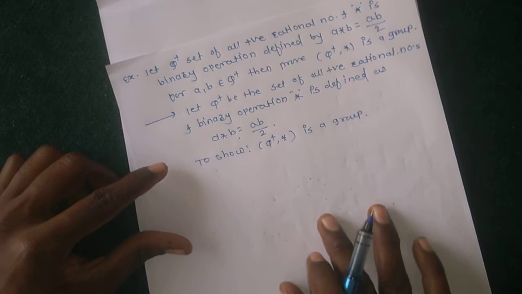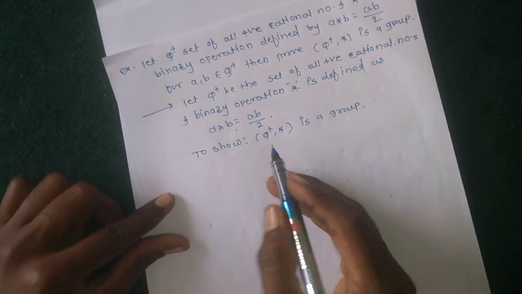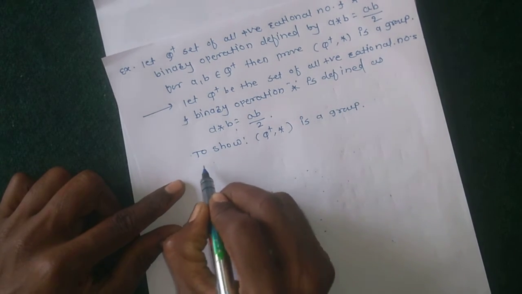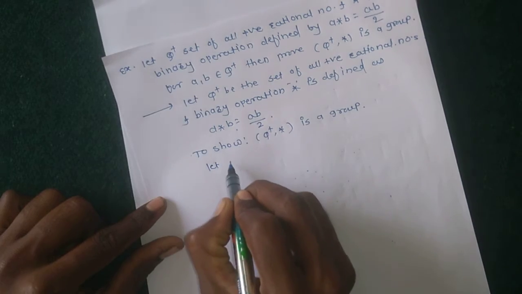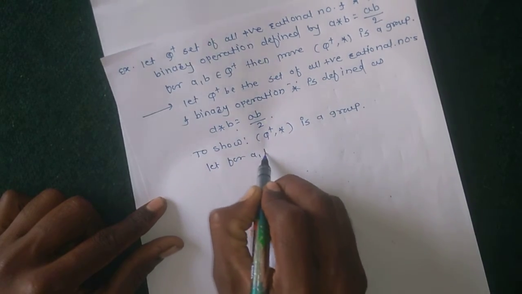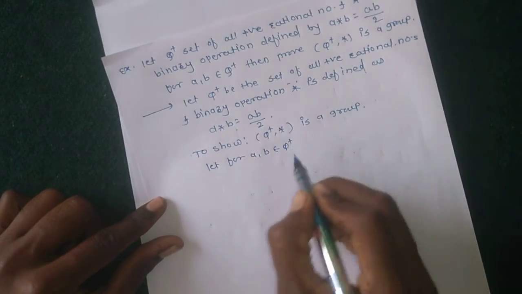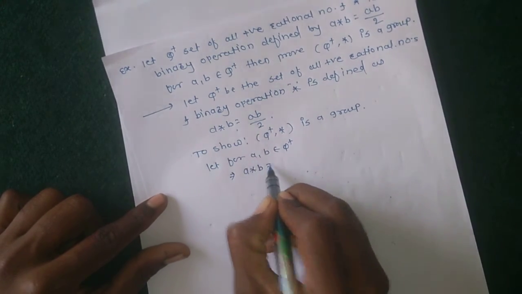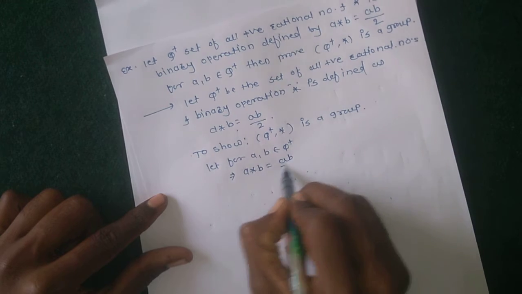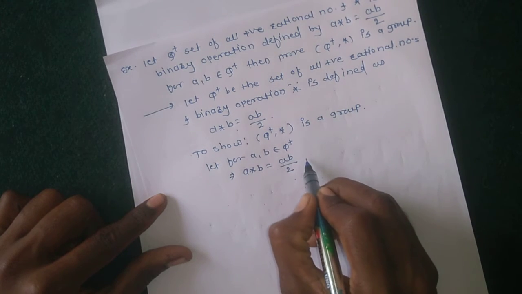Okay, for the first property, let a, b belong to Q plus. Then a star b equals ab by 2.